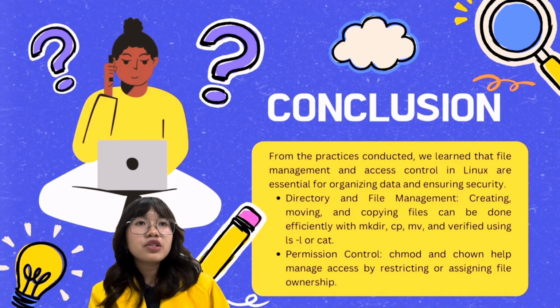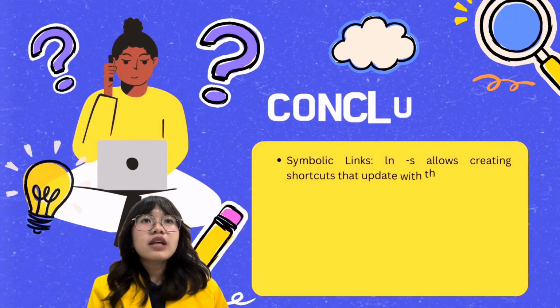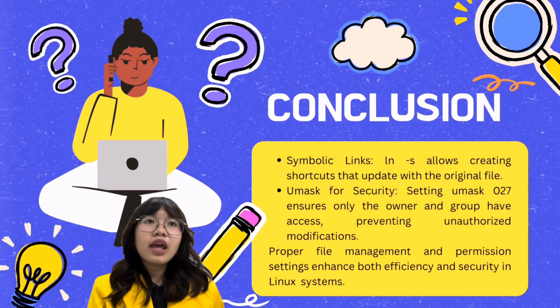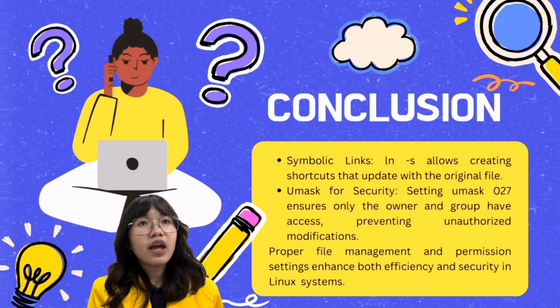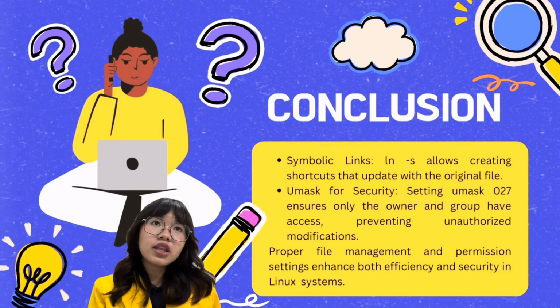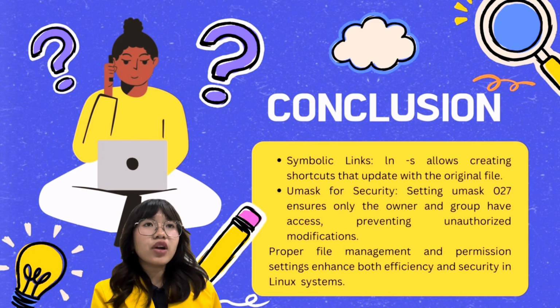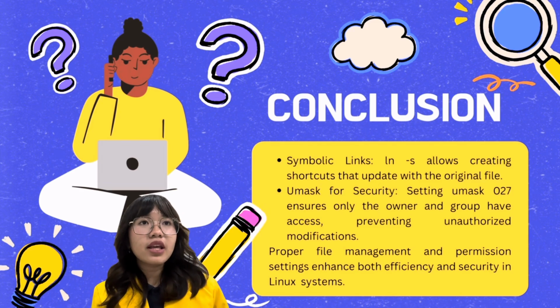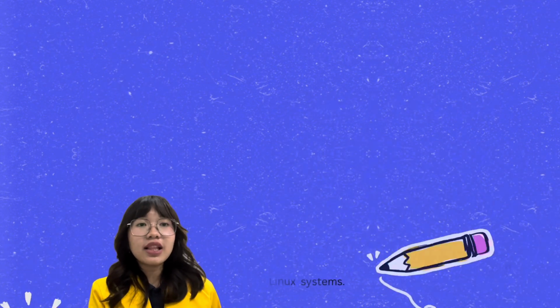And permission control: chmod and chown help manage access by restricting or assigning file ownership. Symbolic link: ln -s allows creating shortcuts that update with the original files. And last, umask for security. Setting umask 027 ensures only the owner and group have access, preventing unauthorized modification. Proper file management and permission settings enhance both efficiency and security in Linux systems.